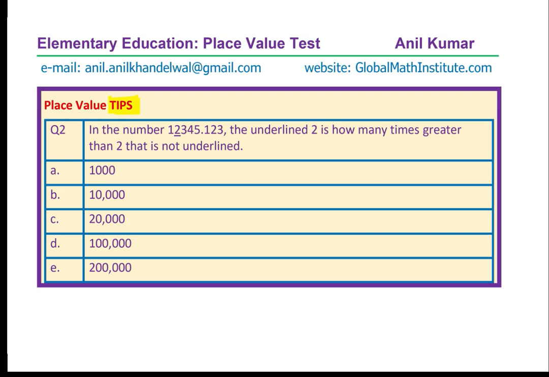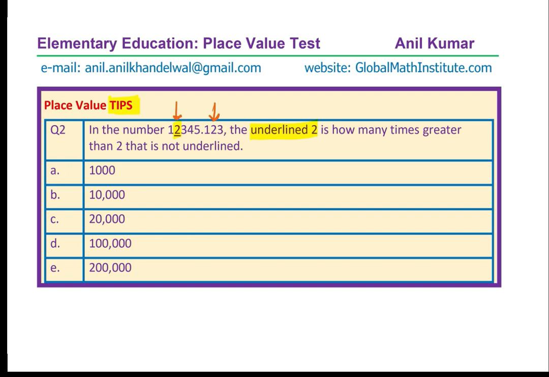Question here is, in the number 12345.123, now this 2 is underlined. The underlined 2 is how many times greater than the 2 that is not underlined. So the 2 which is not underlined is this. So we are comparing these two 2's. We are saying how many times is that underlined 2 greater, correct? So how will you do it? Well, many ways.